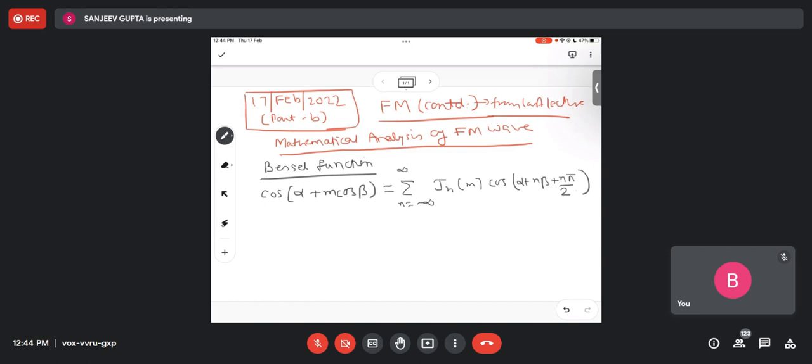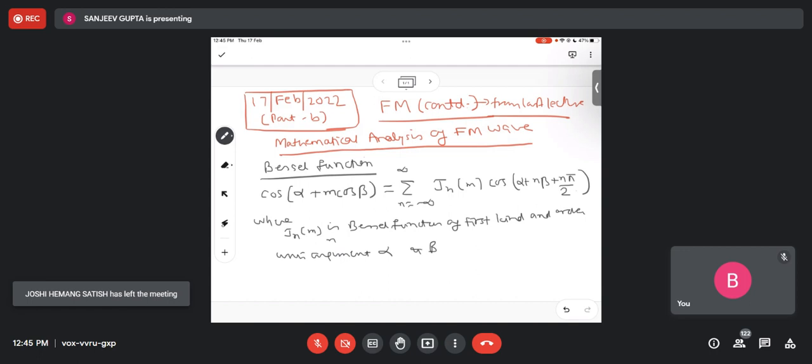Just like in this frequency modulation, here J_n(m) is the Bessel function of the first kind and order n, having an argument, with alpha and beta. This is the equation of a general Bessel function.